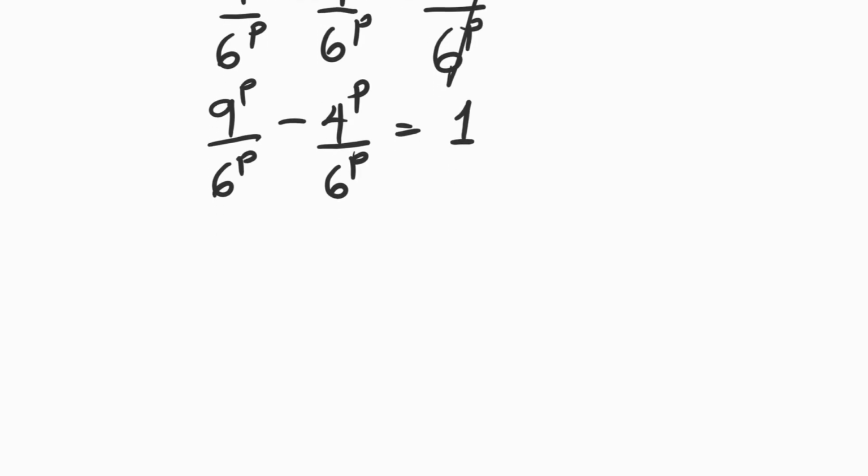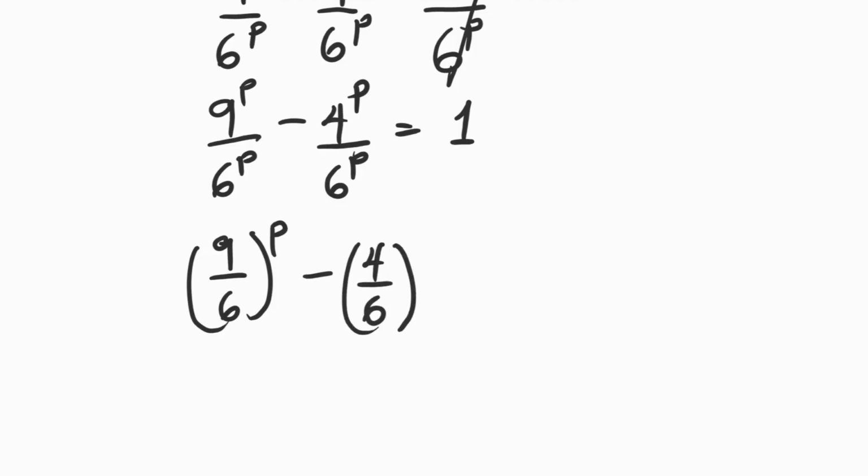So let's try to rewrite what we have on the left hand side. We have powers of p, we can collect those. So now this becomes 9 over 6 raised to the power p minus 4 over 6 raised to the power p equals 1.